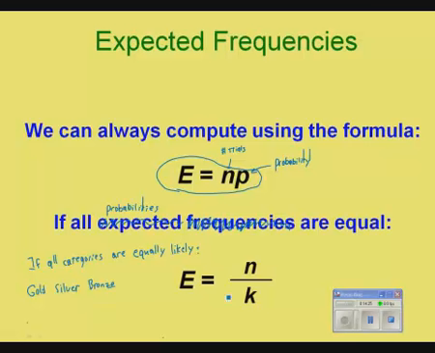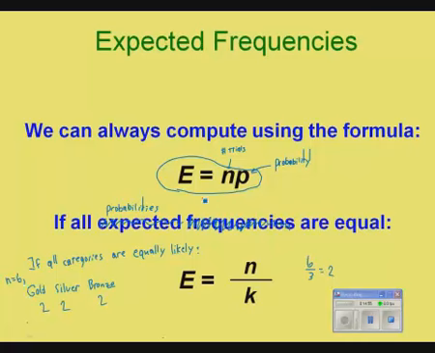So if I have 6 people competing, and they're all equal, everybody's going to get a medal, right? I should get 6 over 3, which is 2. I should get 2, 2, and 2, if n equals 6. Does that make sense?